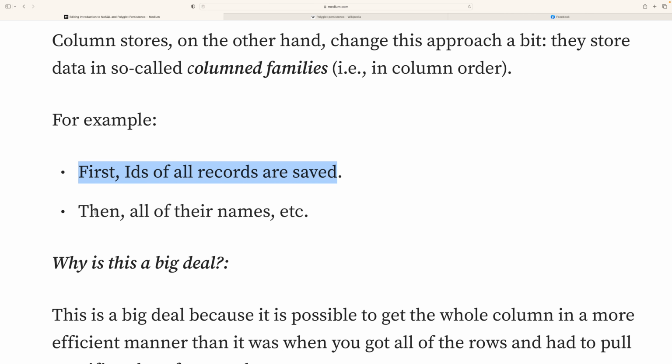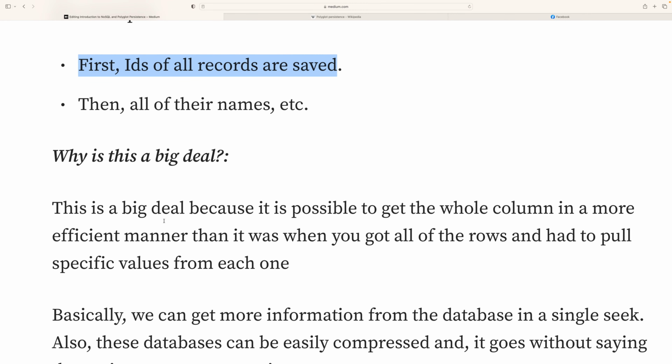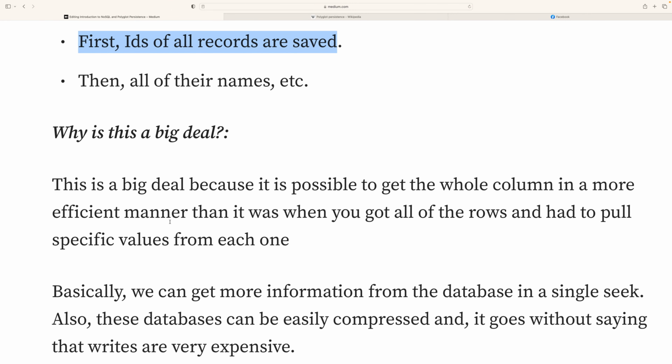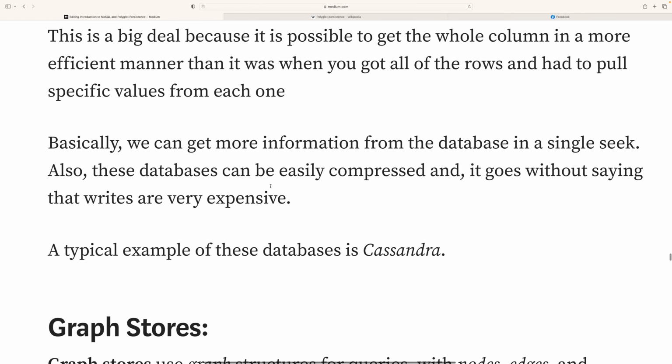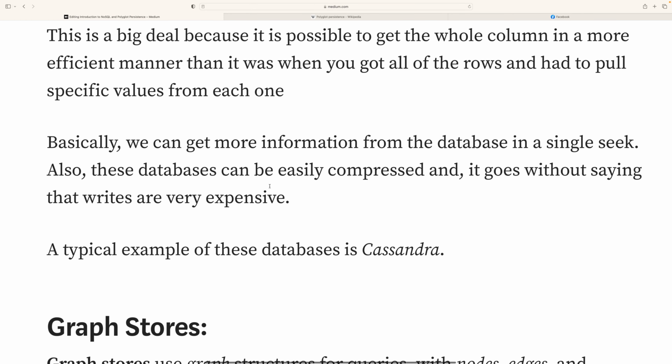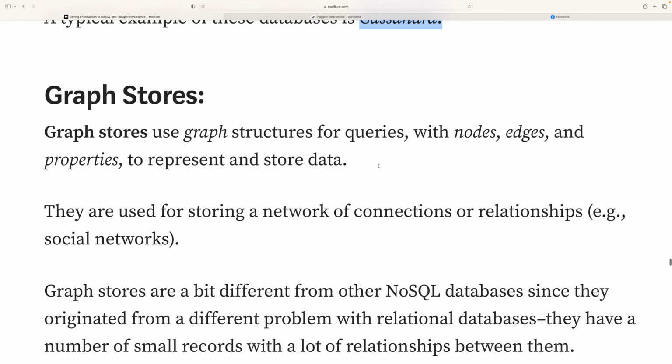Then the names are stored, etc. This is a big deal because it's possible to get a whole column in a more efficient manner than when you had to pull the values from each row. Basically, we can get more information from the database in a single seek, and data can also be easily compressed, though it goes without saying that writing is very expensive. Typical examples of these databases are Cassandra and HBase.